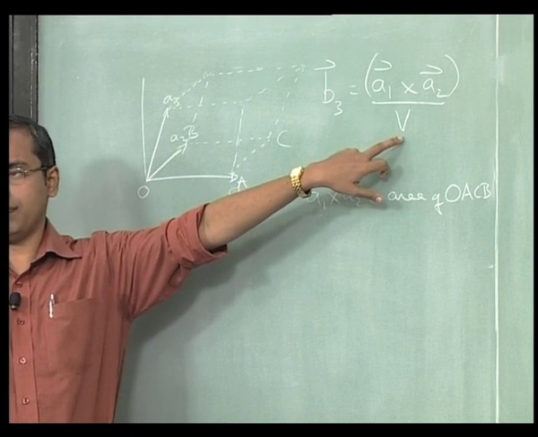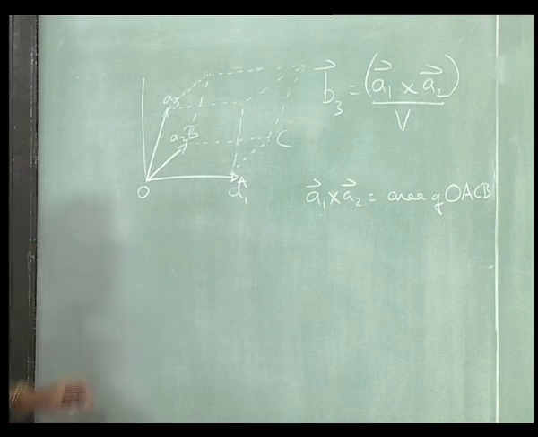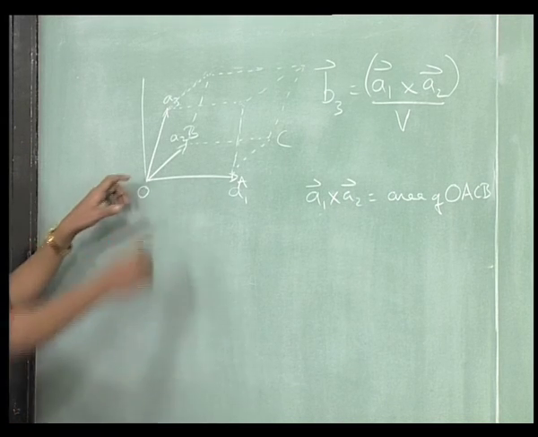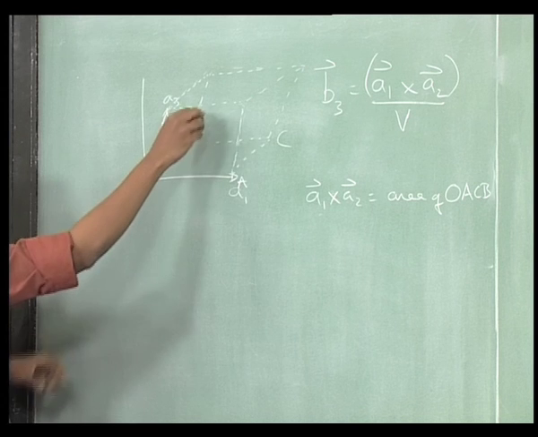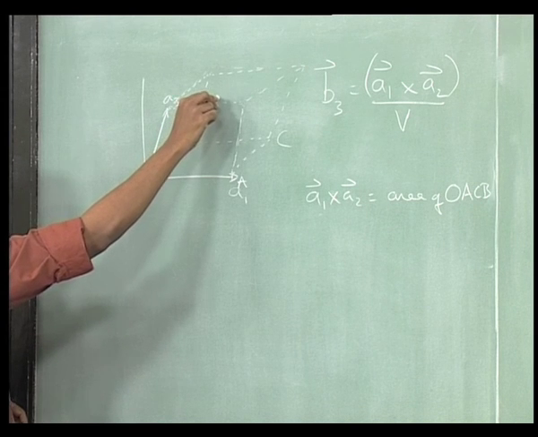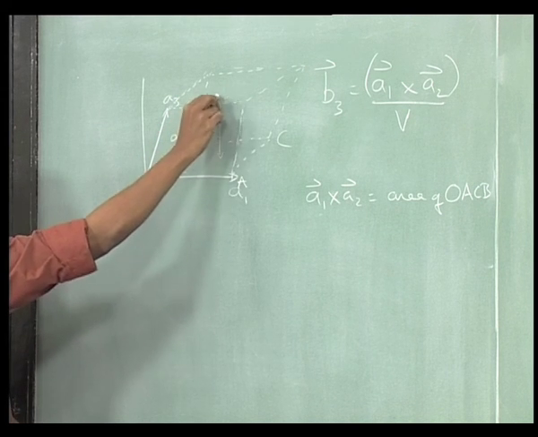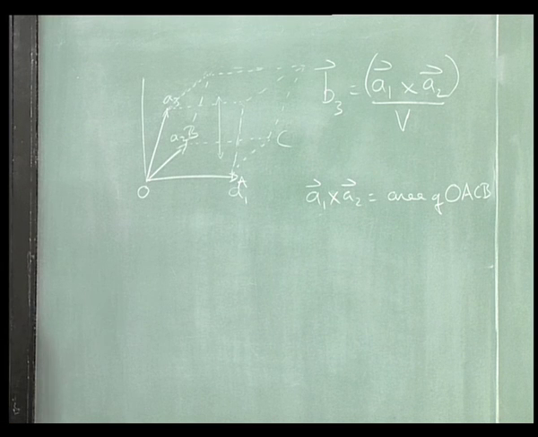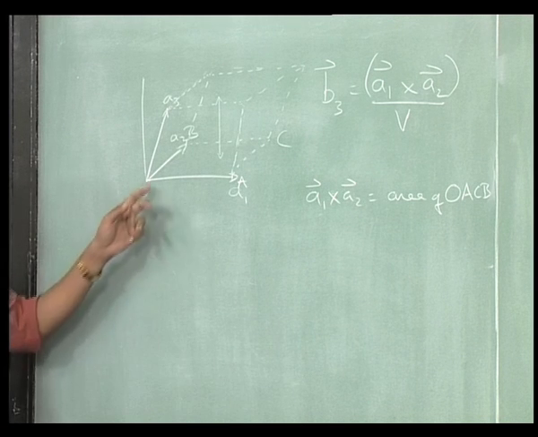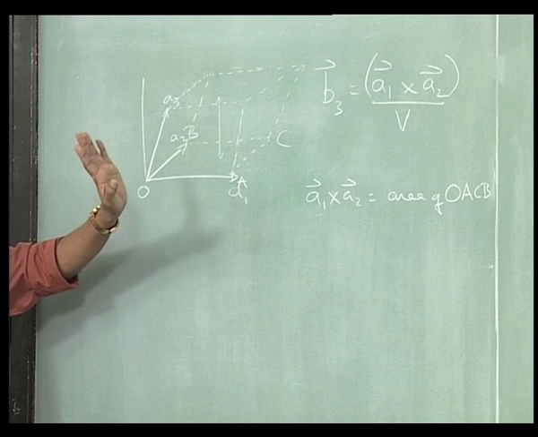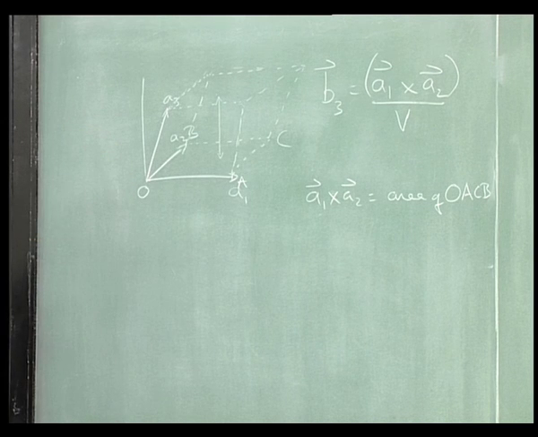In geometrical terms, it is simply the area of the base times the height of the unit cell.